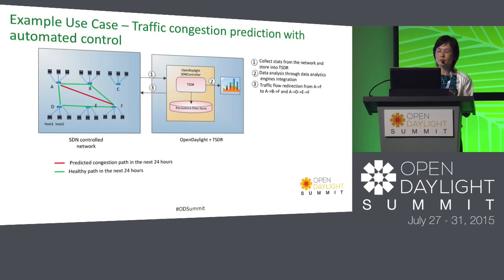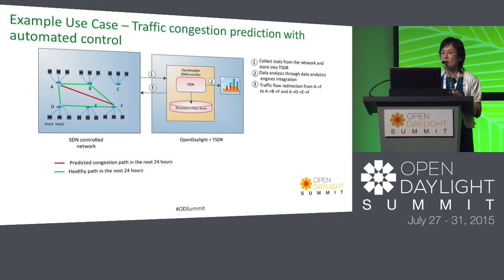So with this information, what can we do about it in the network? The third step would be to feed this data analysis result back into the controller and give it to some data-driven applications, which can dynamically change the configuration of the traffic flows on the fly.